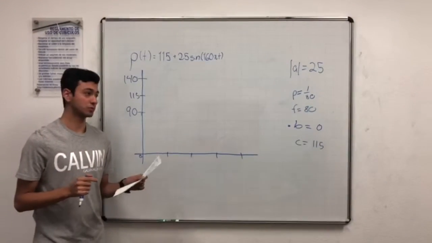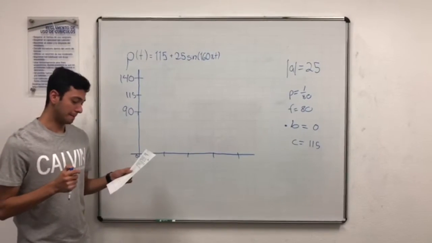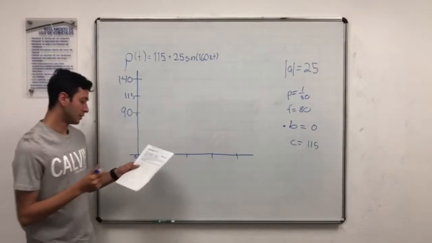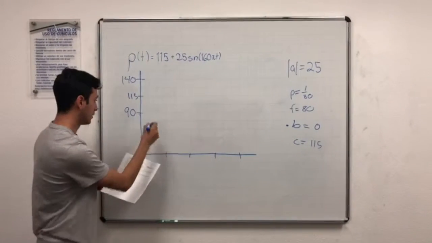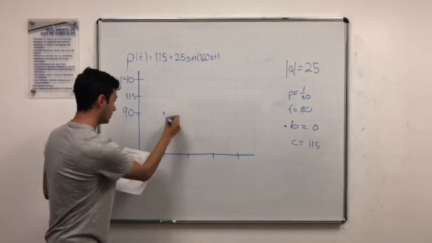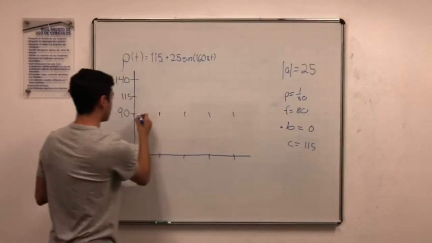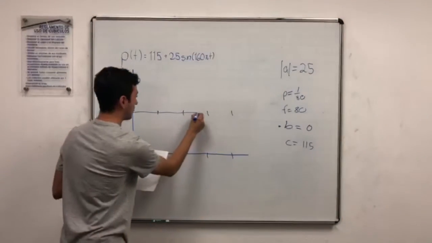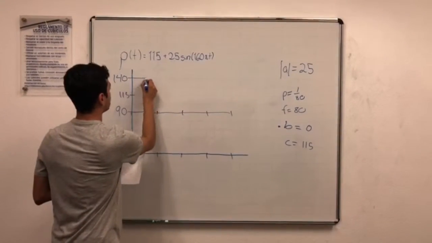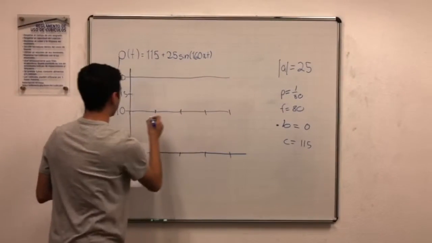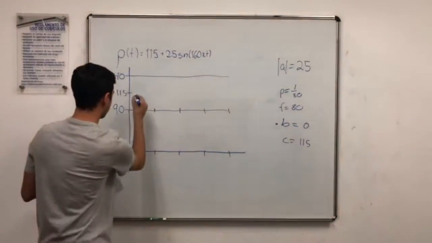And we need to start putting the other terms. So okay, we start. Here we have our first point, second, third, and fourth. So we draw our line, also here, and also here.